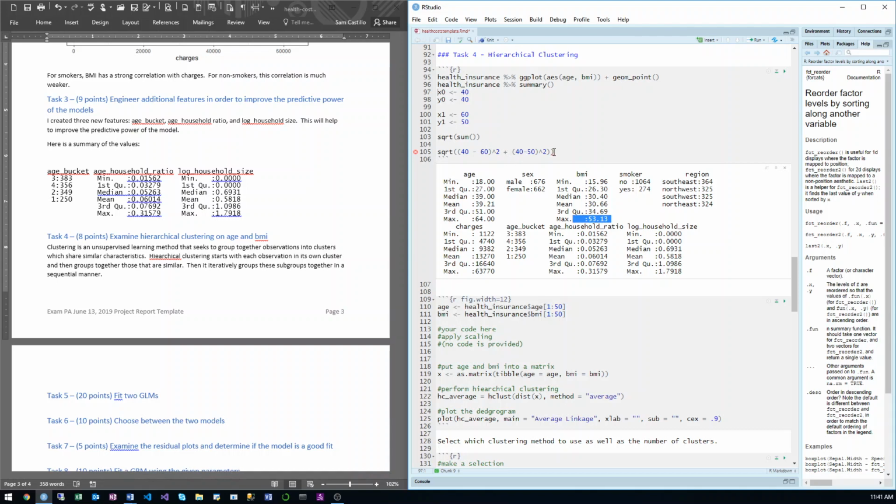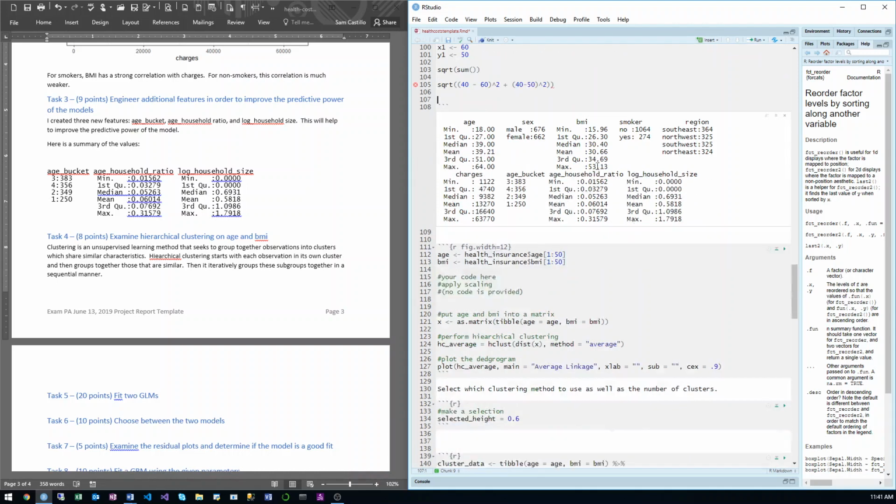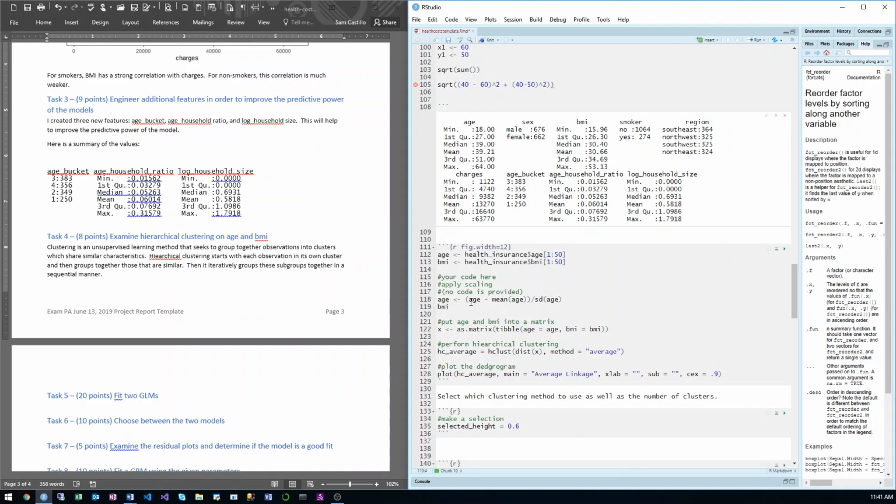So what you should do is you should rescale the variables, and to do that, you can say that age is equal to age minus mean of age over the standard deviation of age, and BMI is equal to BMI minus mean BMI over the standard deviation of BMI.